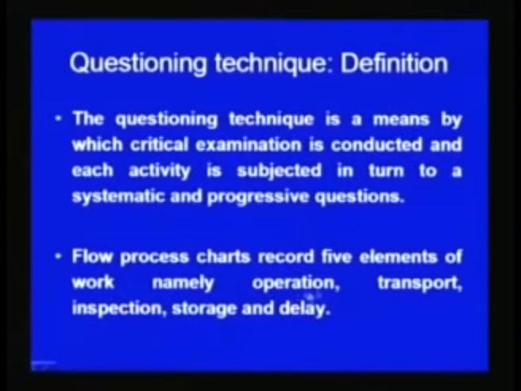The flow process chart we have seen records the 5 different elements of the work, namely operation, transport, inspection, storage and delay. The significance of these elements has already been elaborated. Only the operation leads the raw material closer towards its completion.